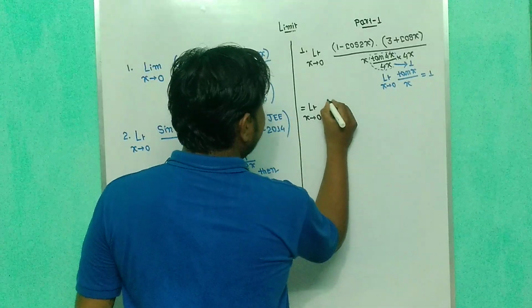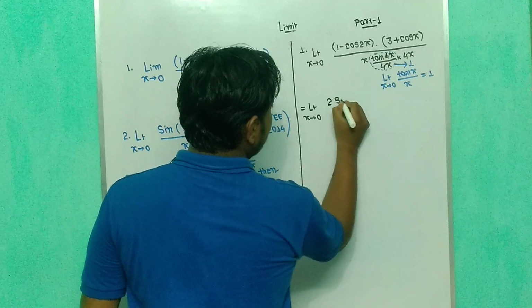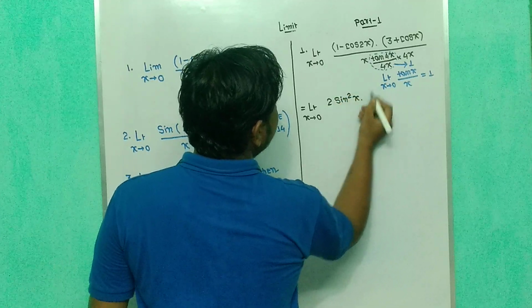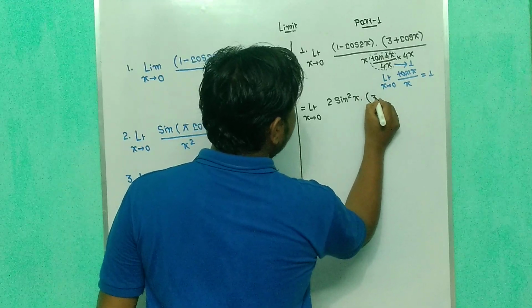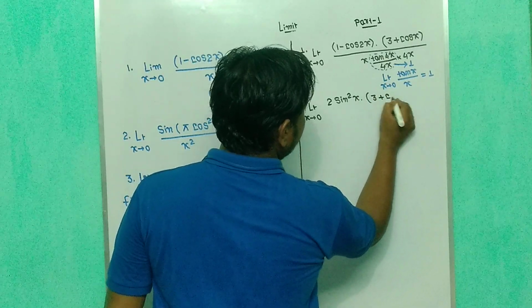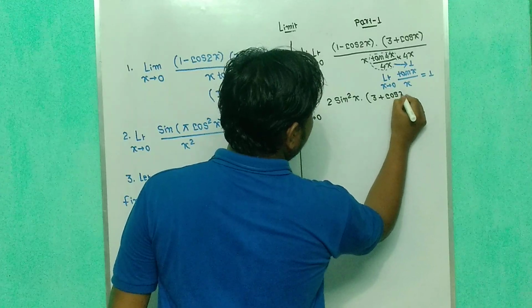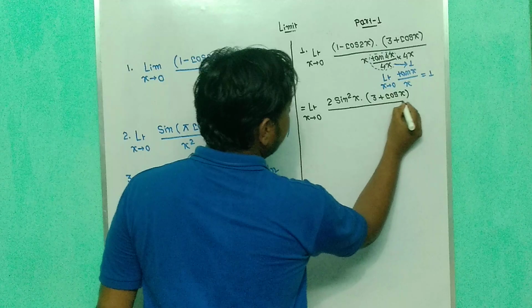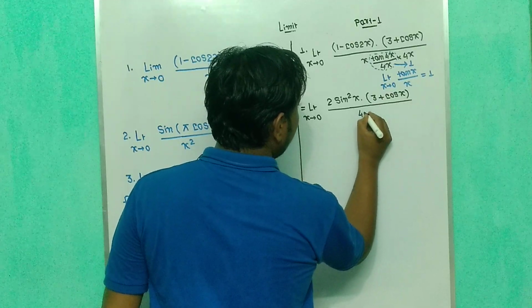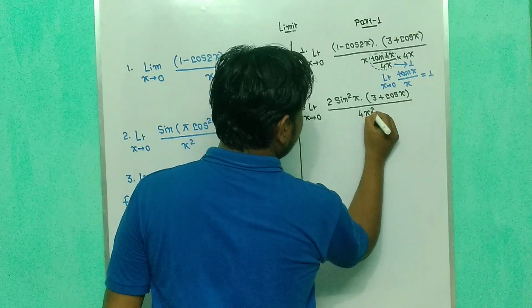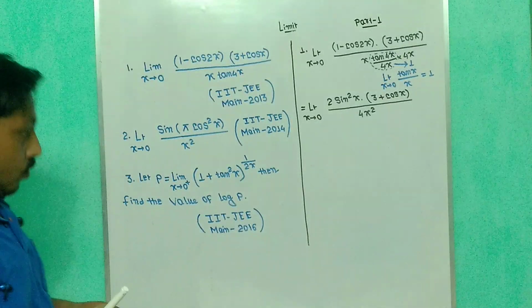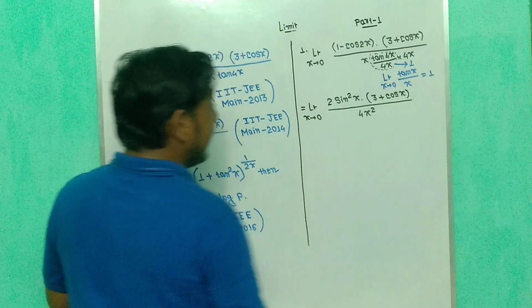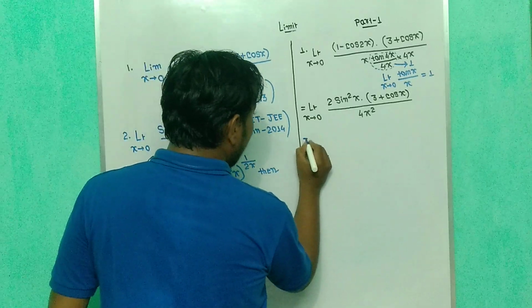So I am writing here 2 sin square x, and it's multiplied by 3 plus cos x, and the denominator part is 4x square. Clear?